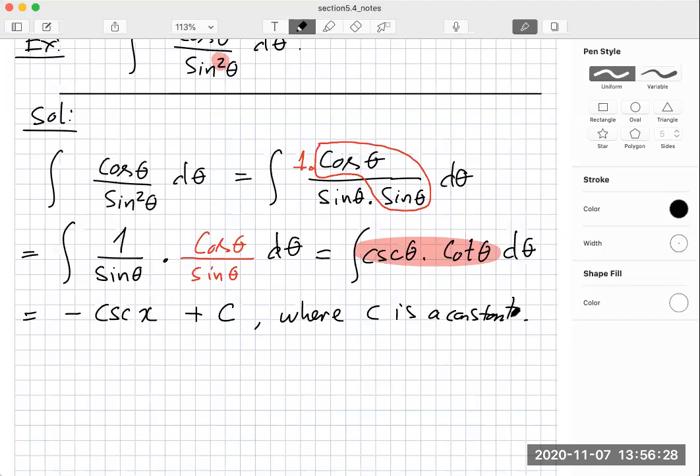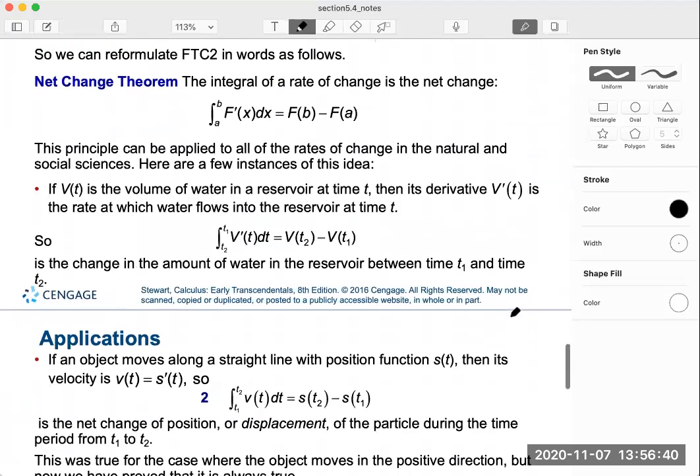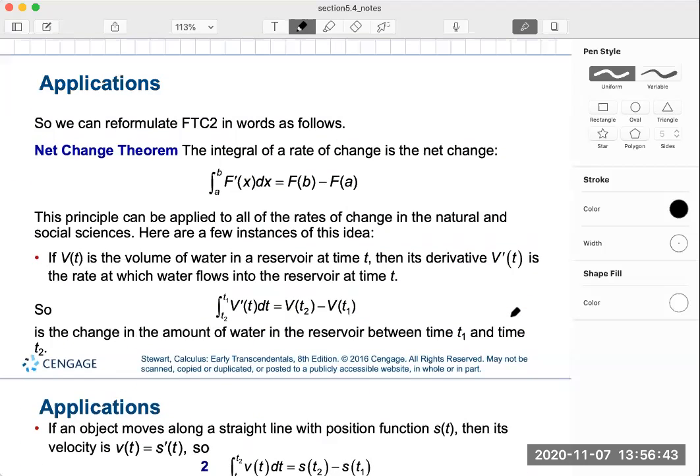So there are many applications that we can use. And one specific example is the following. Here, from the fundamental theorem of calculus, the definite integral of a function capital F would be the difference of F at b minus F at a.